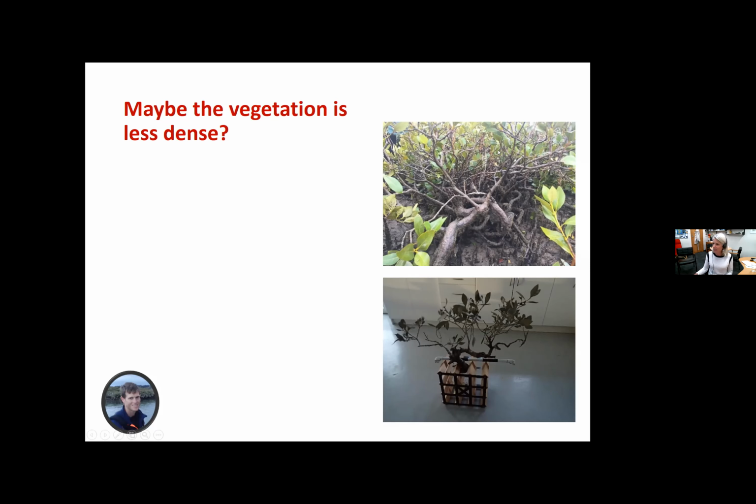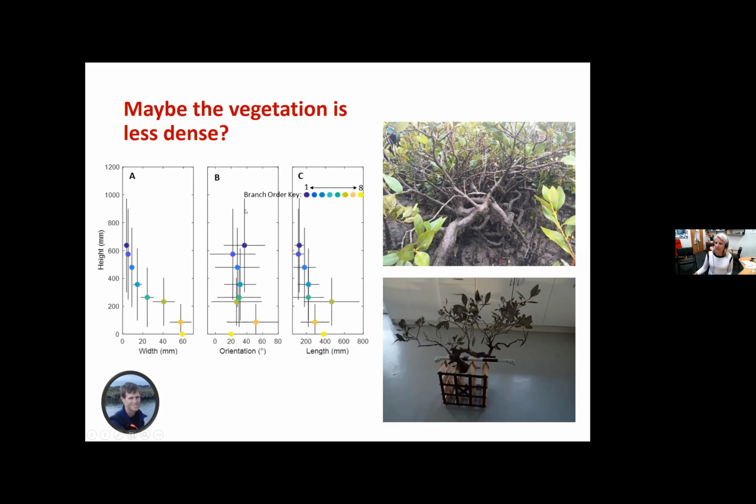And so he managed to figure out a way of doing this by looking at the ratio of stem width to height. And we went and measured, I don't know, 20 of these trees, and also the length and orientation of those stems, and found some relatively consistent patterns so he could model a typical tree. And so he put those typical tree dimensions into Delft. Yeah, I thought that was quite cool.